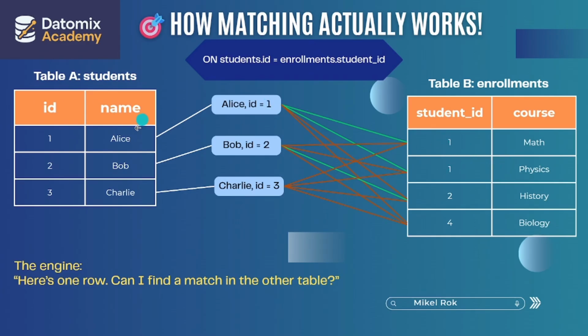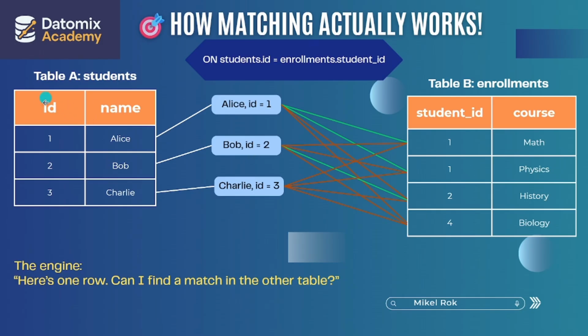Then SQL moves to Bob, for example, who has ID equal to 2, and the SQL does the same logic here. It will look through the enrollments table and find history. Then again it will go on with Charlie, who has an ID equal to 3, and it cannot find any match for him.